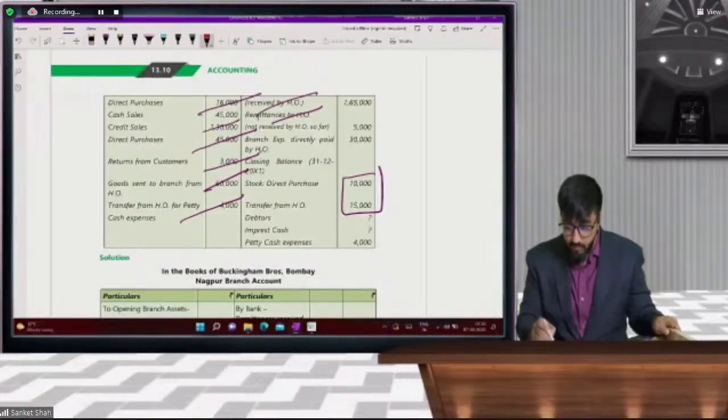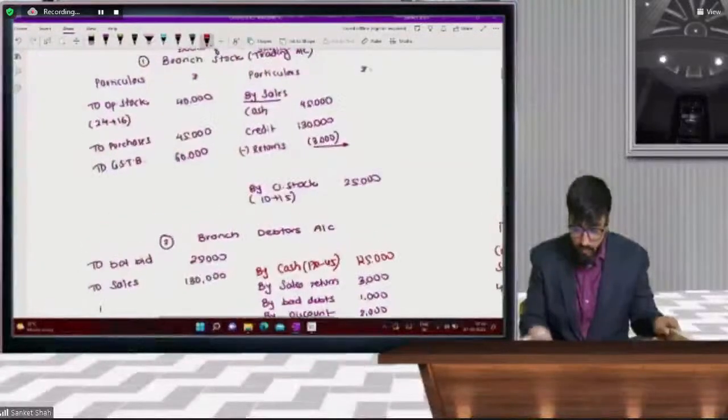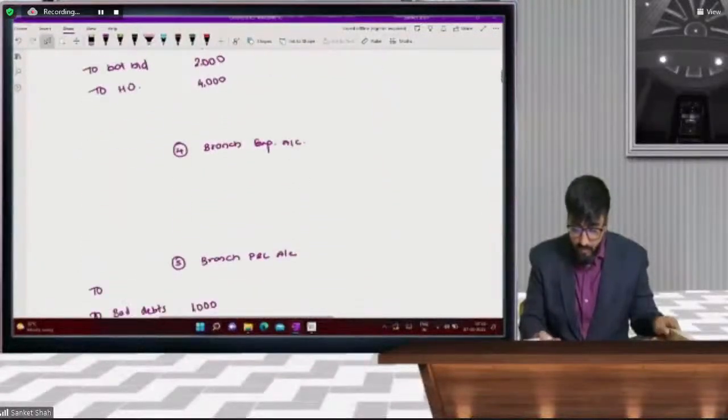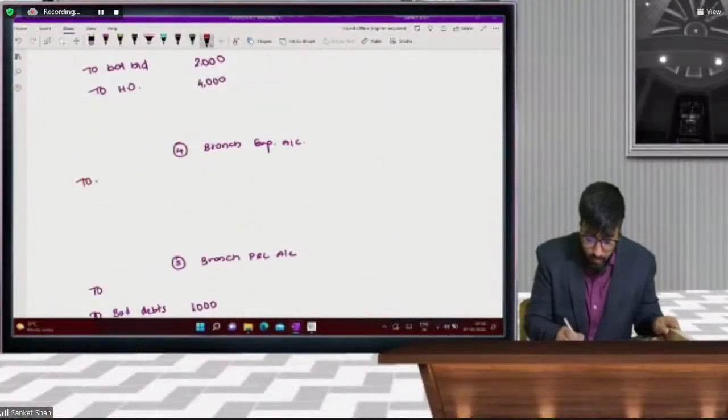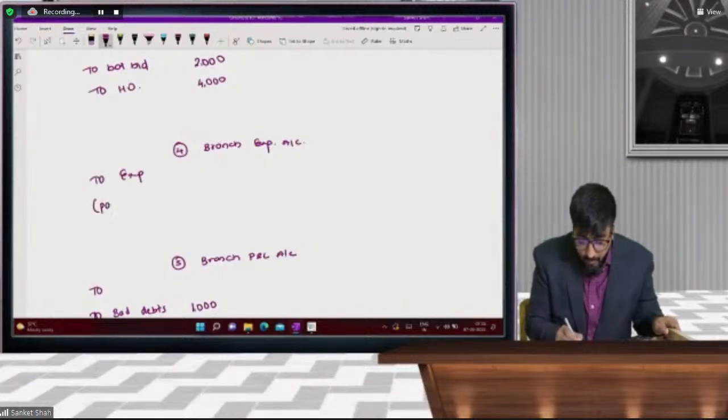Chalo. Branch expenses directly paid by HO 30,000. So branch expenses paid by HO. Now, normal pen: expenses account debit to expenses paid by HO.